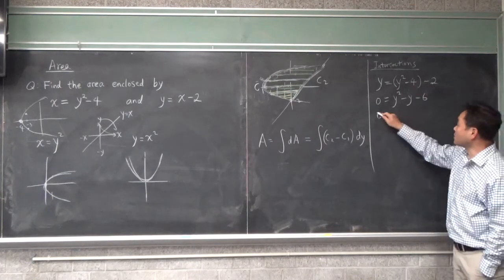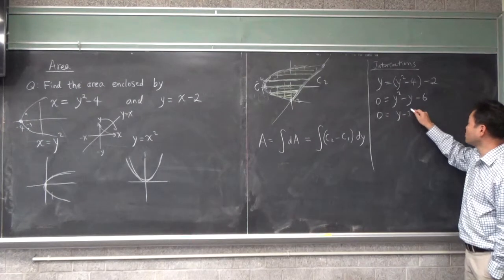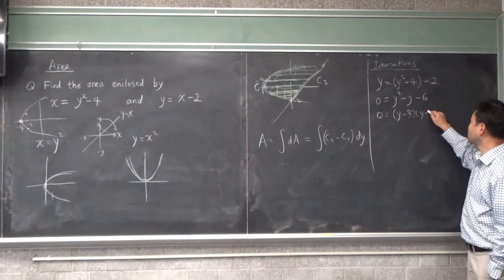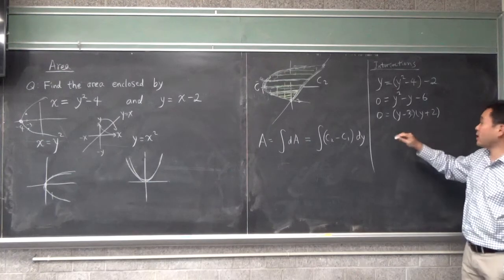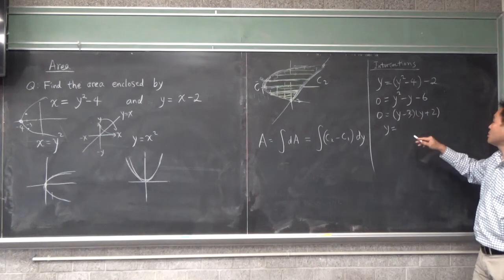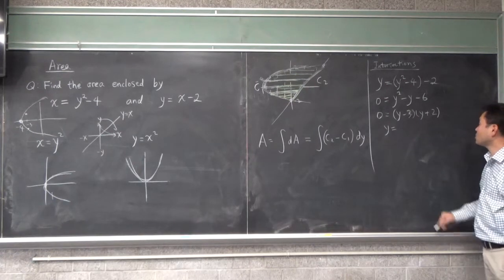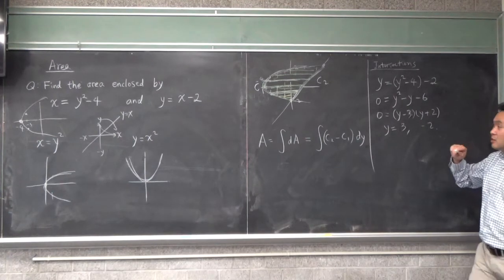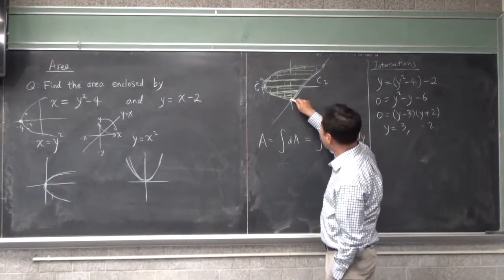Oh, I know how to factor this. This is y minus 3, y plus 2. So that you have y equals 3, and y equals negative 2. And I already know that they meet here.